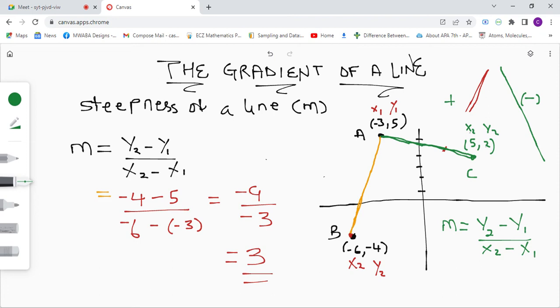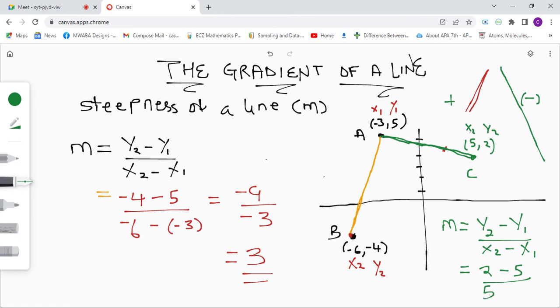So y2 is 2 minus 5, y2 minus y1, over x2 minus x1. Our x2 is 5, our x1 is -3.